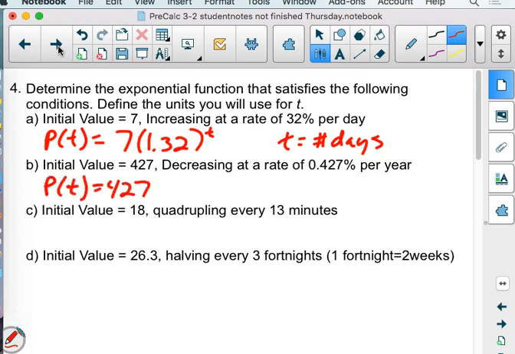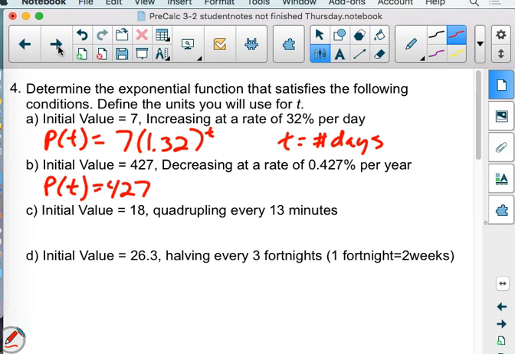All right, B, initial value, 427. Got that. Been there. Decreasing at a rate of 0.427%. Oh, we might have to grab a calculator for that one. Decreasing at a rate, so it's going to be 1 minus that as a decimal. Okay. So 1 minus 0.00427.